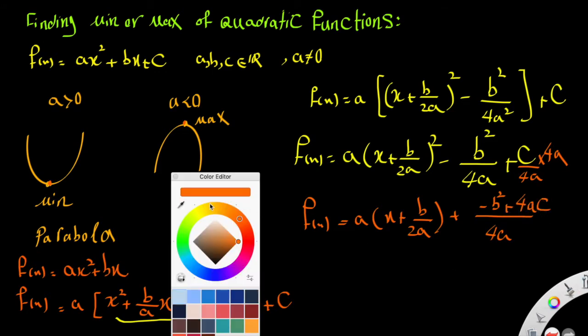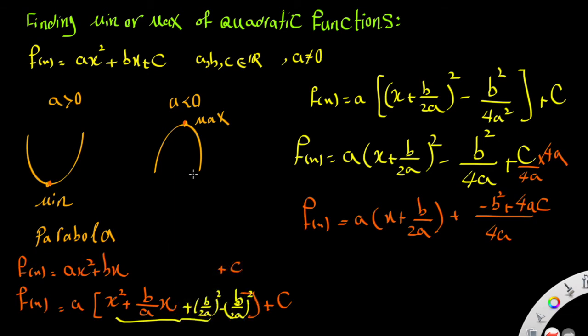Now, here we learn that if a is positive, we will have a point of minimum as the vertex, and if a is negative, it will be the maximum as the vertex.